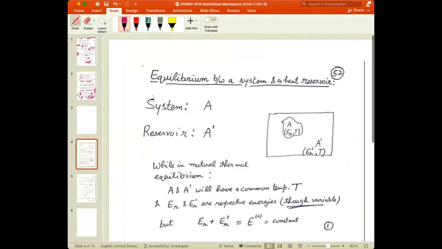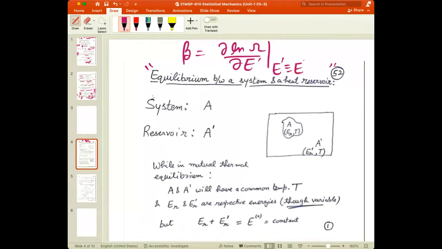So now my system is in equilibrium with the heat reservoir. Initially they may be at different temperatures: my system at temperature T and the heat reservoir at temperature T dash. But when I put my system into this thermal bath, thermal equilibrium is going to be attained. We defined one parameter, the beta parameter, which was the derivative of log curly Omega with respect to curly E dash, where E dash takes the equilibrium value.